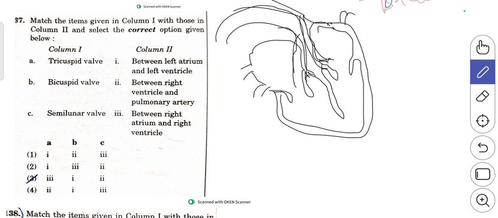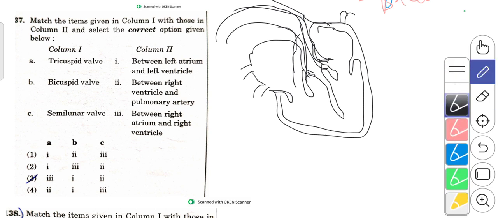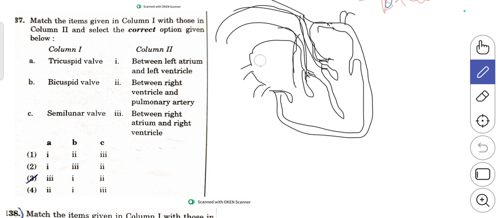In this heart you will come across the right auricle, left auricle, left ventricle, right ventricle. Here you will come across special structures. This is the tricuspid valve.